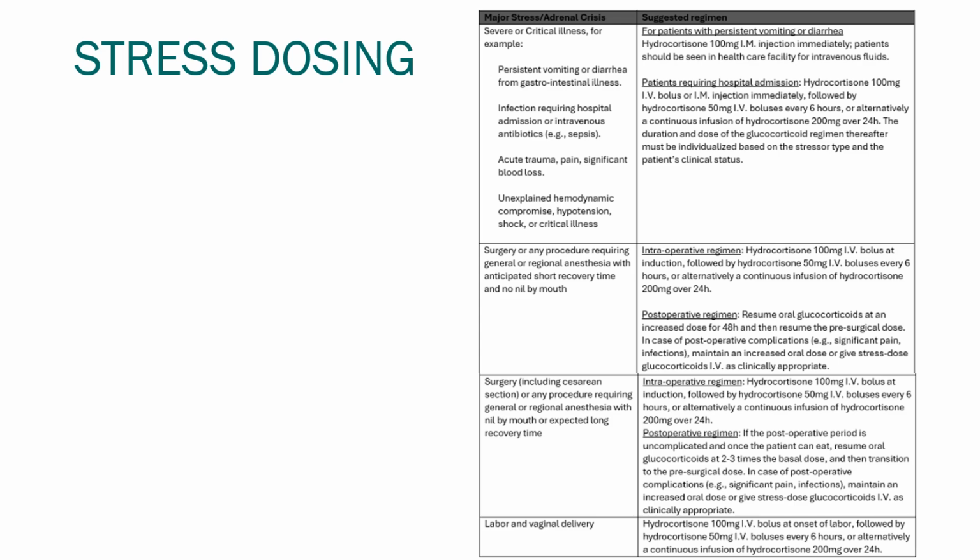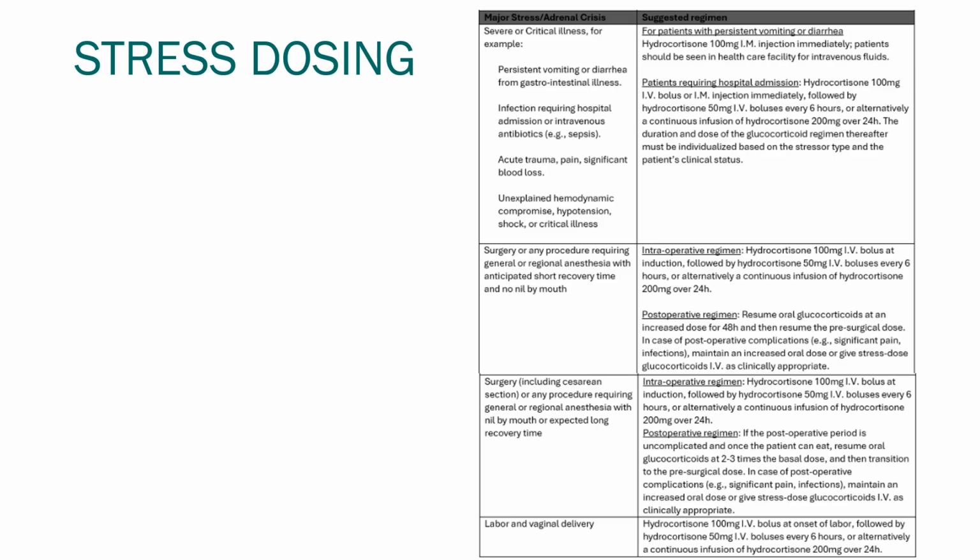So if they have a vomiting illness, they should give that 100 milligrams of IM hydrocortisone and then seek medical attention. Patients who present for emergency care should get 100 milligrams of IV, ideally, or IM if needed, hydrocortisone, and then that stress dosing like we talked about, 50 milligrams every 6 hours.